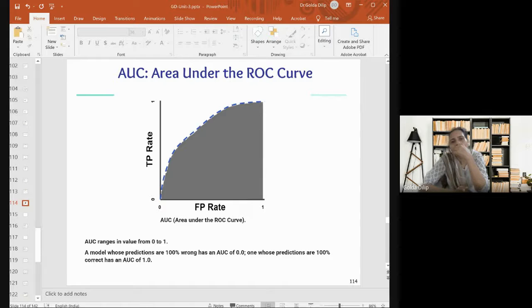AUC is the area under the curve, a small topic which comes under ROC. I'm concluding by saying the value ranges between 0 and 1, where 100% wrong means 0, otherwise 1. With that I am concluding this topic.